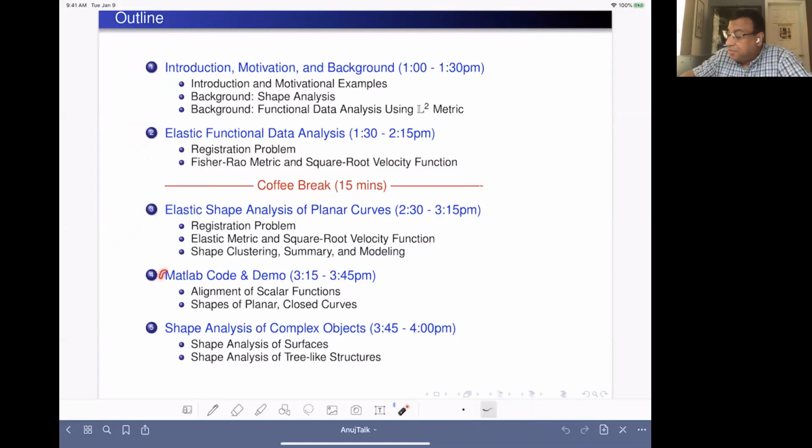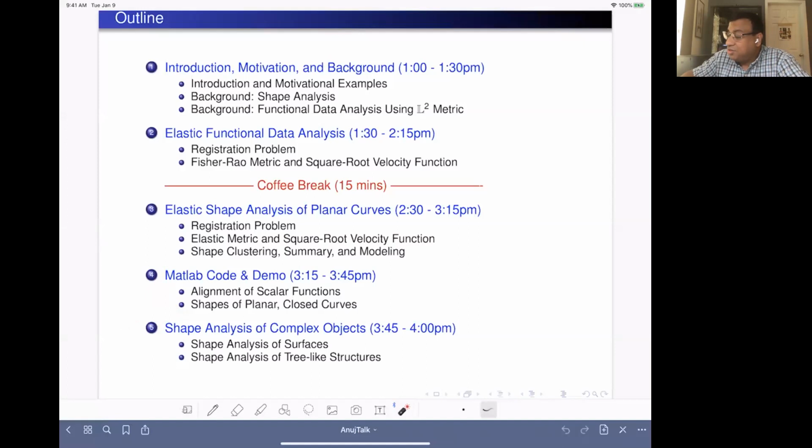Then I was asked to supply some code to demonstrate these ideas, and I put some MATLAB code on your website, and I'll take some time to show you how these things work. And if you're excited about it, there are more codes and more advanced data analysis techniques.